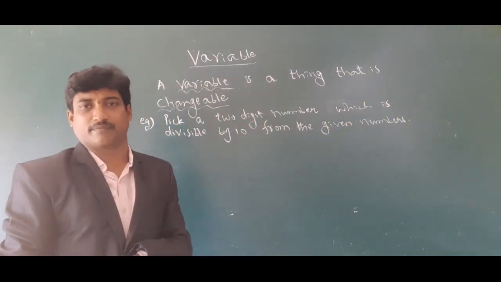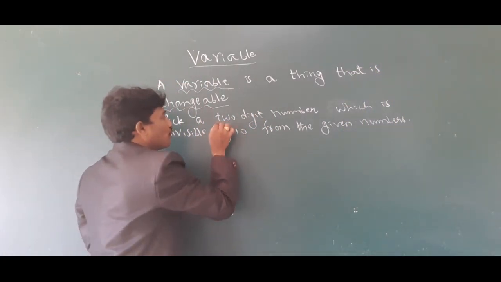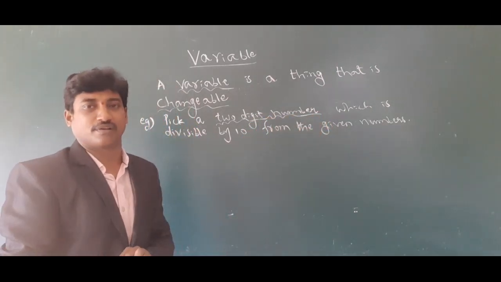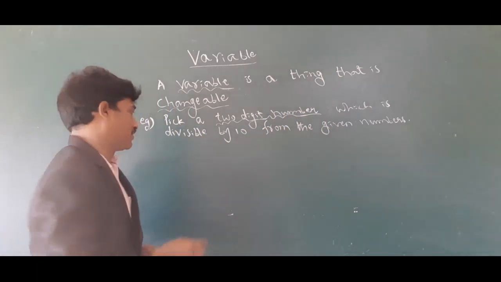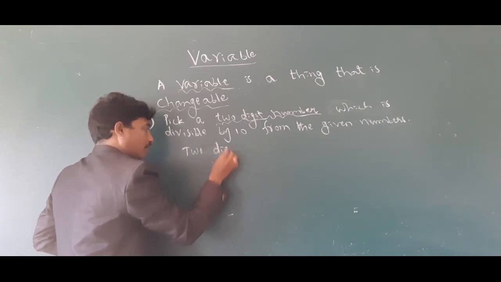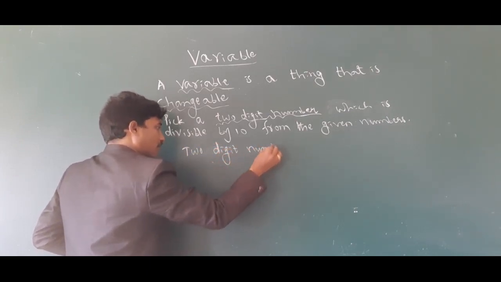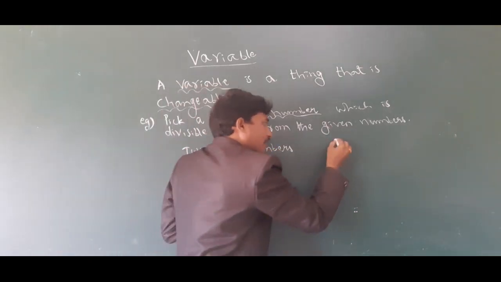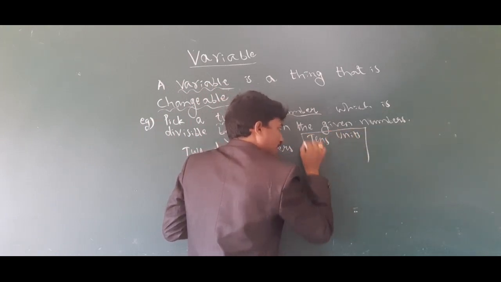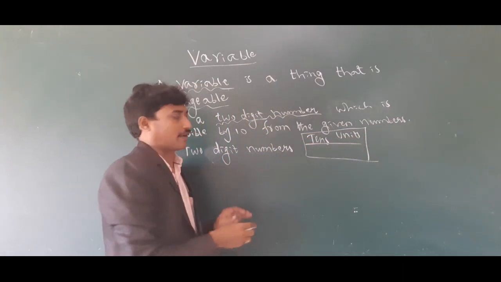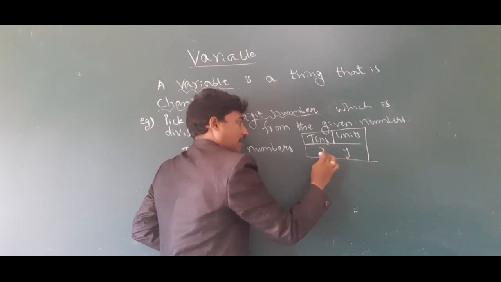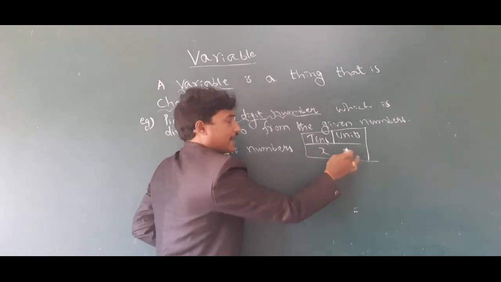He may give some numbers. From that, we have to pick 2-digit numbers. 2-digit numbers mean they contain only 2 places: ones place, units place, and tens place. They contain only units place and tens place, and may be in the form xy like 21, 19, 18.